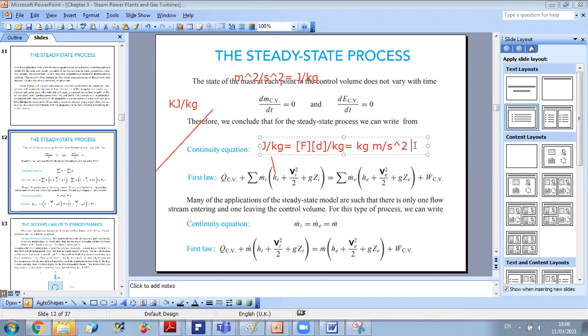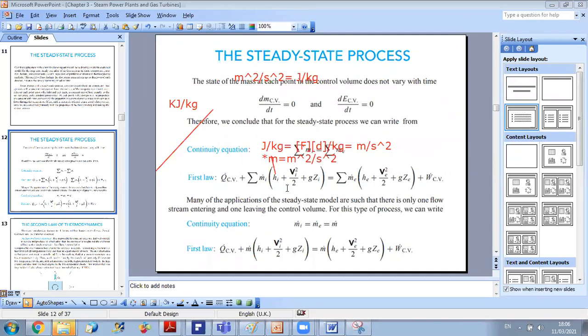The unit of d is meter, so times meter, over kilogram. If I simplify, the kilogram is simplified, and I have meter per second square times meter, which gives meter square over second square. So as you can see, the units joule per kilogram correspond to meter square per second square.